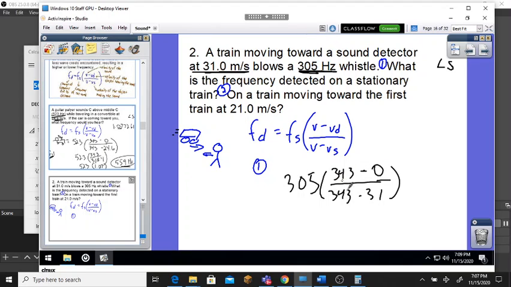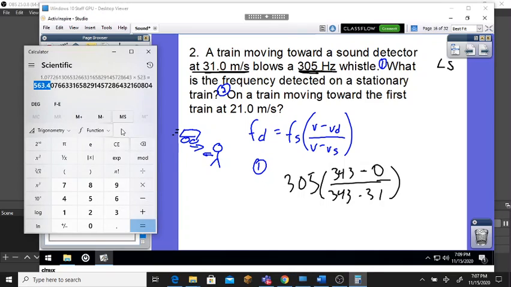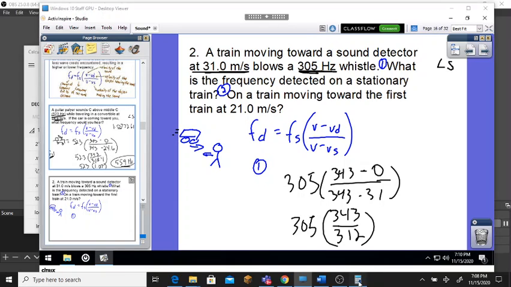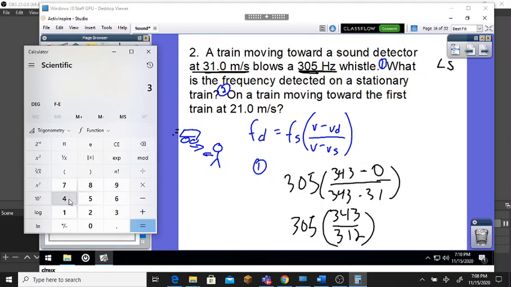So now let's solve. 343 minus 31 is 312. The top was 343. 343 divided by 312, I'm not even going to round, I'm just going to say 1.09.